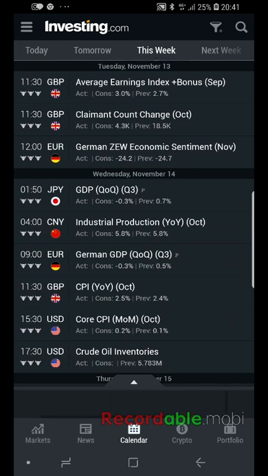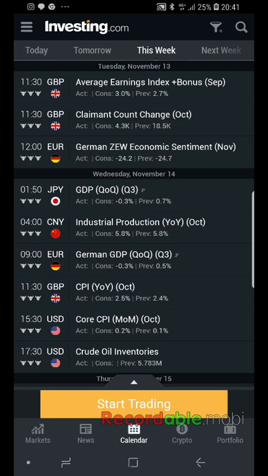Basically what happens fundamentally is that, on Tuesday 11:30, for example, previous is 2.7% and cons or prediction is 3.0%. They are estimating that it's going to go a little bit above the previous, by let's say 0.3%. That's why the cons is 3.0. But what we're waiting for is the actual, which is going to come out exactly at 11:30 a.m.